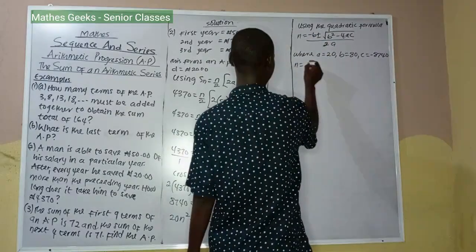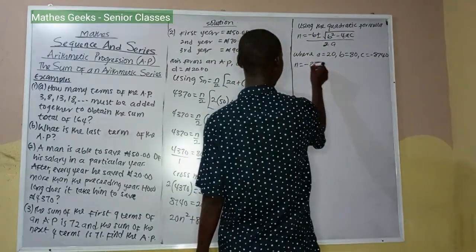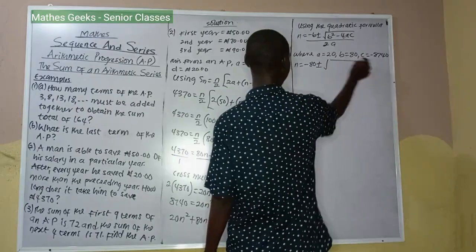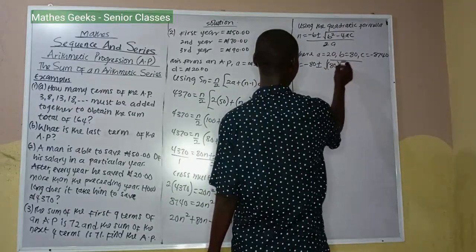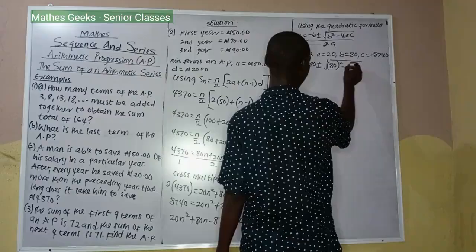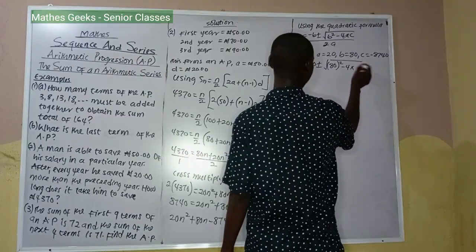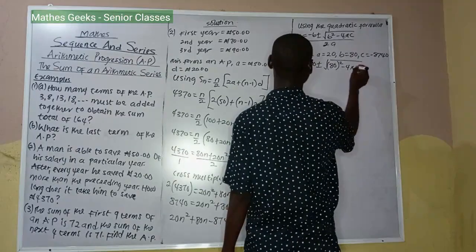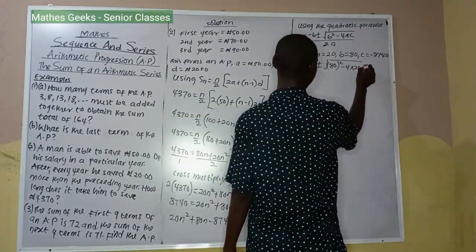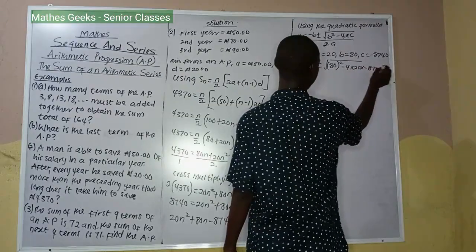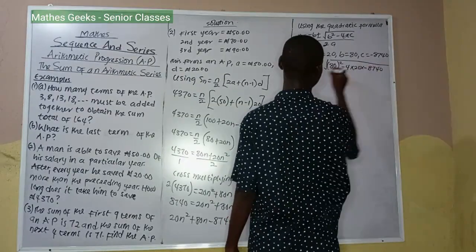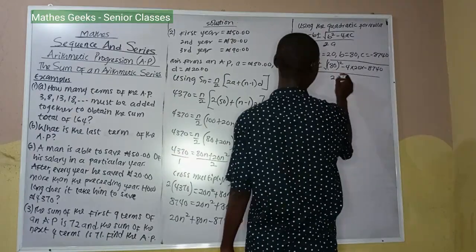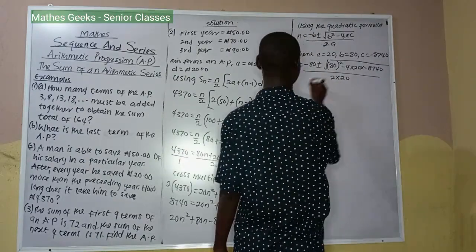So n is equal to minus 80 plus or minus the square root of 80 squared minus 4 times 20 times minus 8,740, divided by 2 times 20.